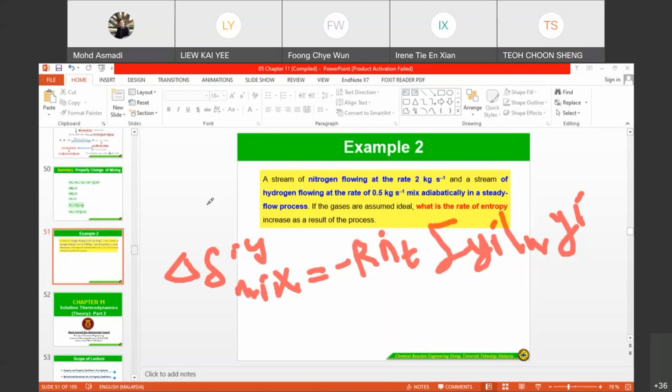So please proceed, calculate the calculation for delta S. What you get?